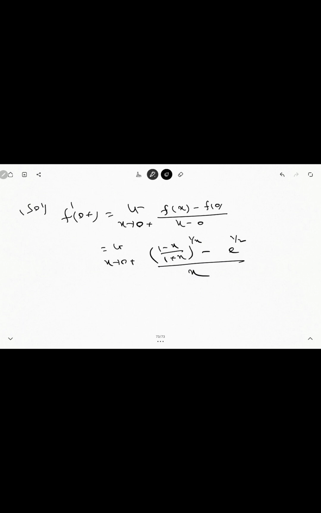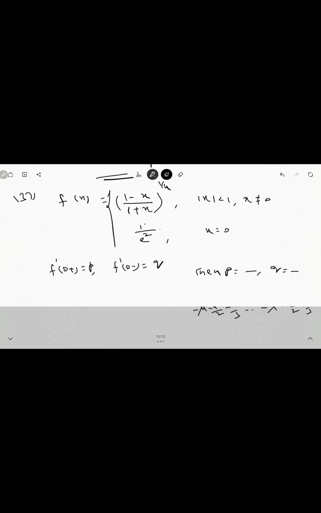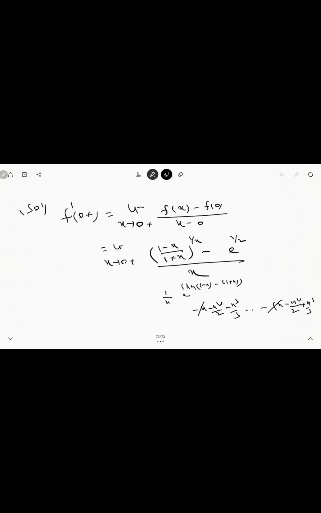Let me check once, 1 by e square or e power 1 by 2, because you have to get compulsory 0 by 0. So it is 1 by e square, it is 1 by e square. Here also 1 by e square or e power minus 2.